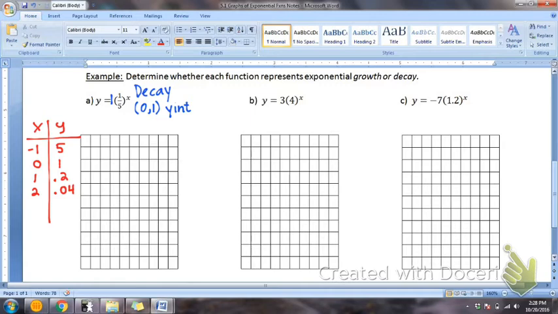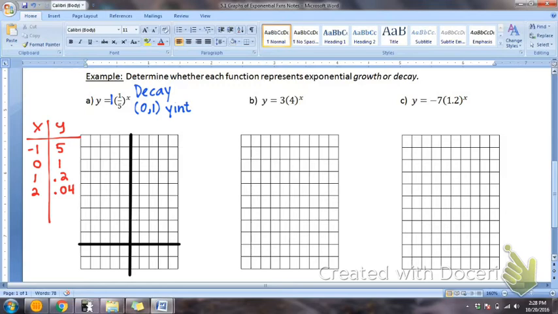So let's go ahead and create an x and a y axis. We're going to draw our x-axis pretty low because we don't have any negative y values, so we don't need to look at that. And then we're going to plot these points.